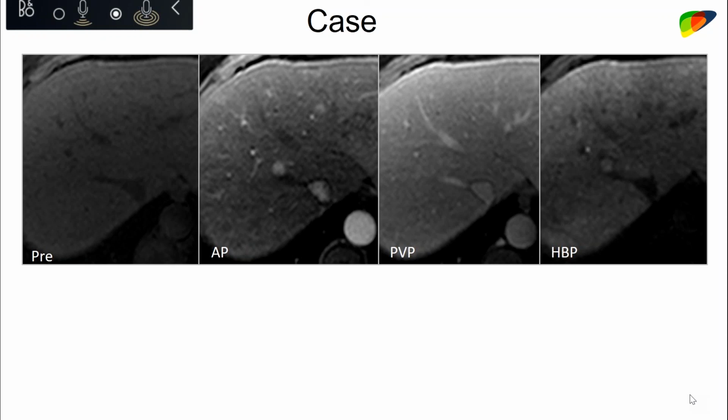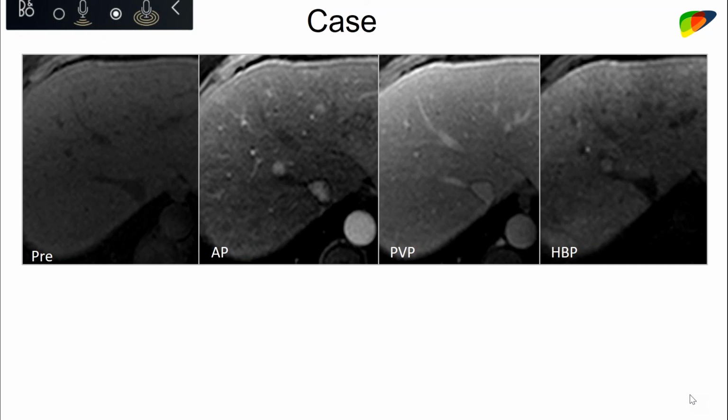Now hepatobiliary phase isointensity is an ancillary feature of benignity. I didn't show any examples of that, but I do find that helpful. And in my mind, if something looks like hepatocytes on all sequences or in most sequences and in the hepatobiliary phase, that suggests that it has a similar level of OATP expression, which suggests it is more likely to be benign.